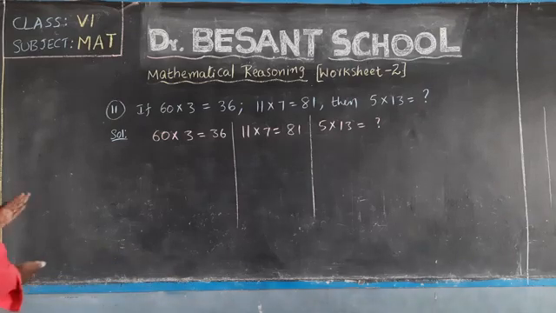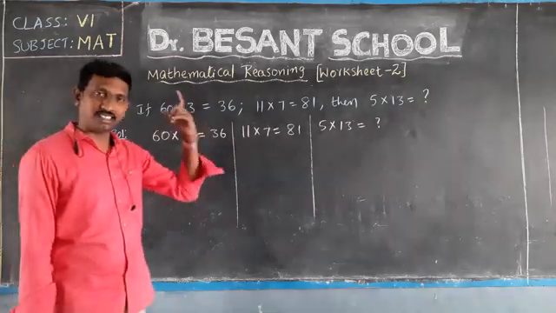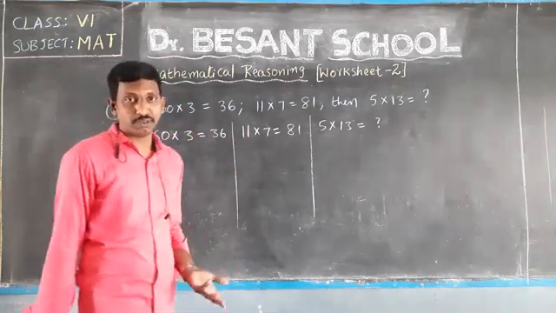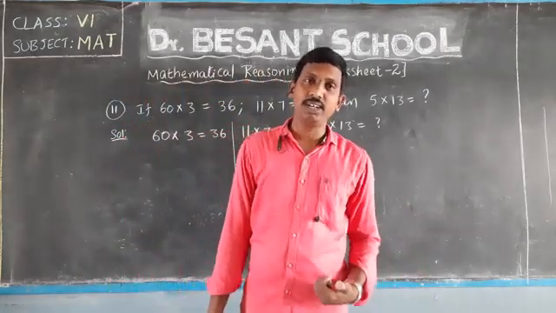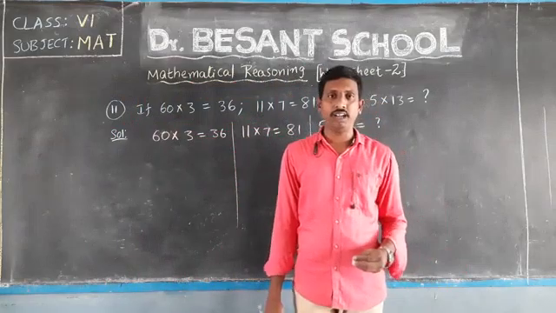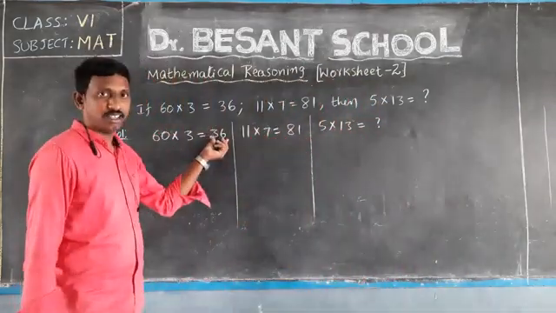What is the value of 5 into 13? So how to go through this? 60 into 3 is 36. 60 plus 3, or 60 minus 3, 60 divided by 3, even 60 into 3 doesn't work here. Any of the four fundamental operations doesn't work out here to get this direct answer.